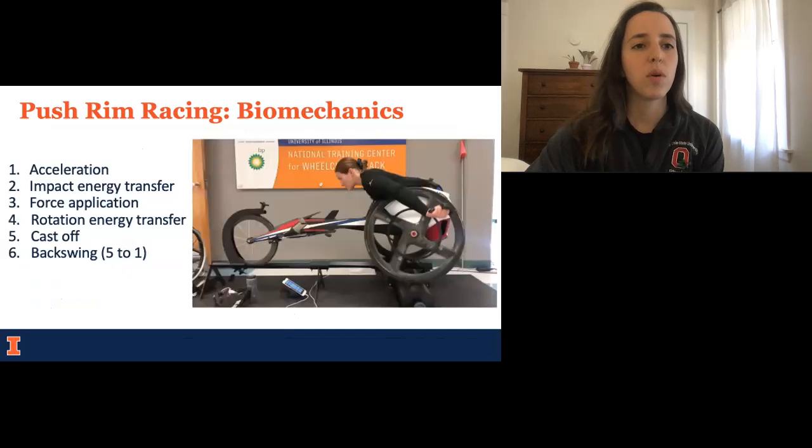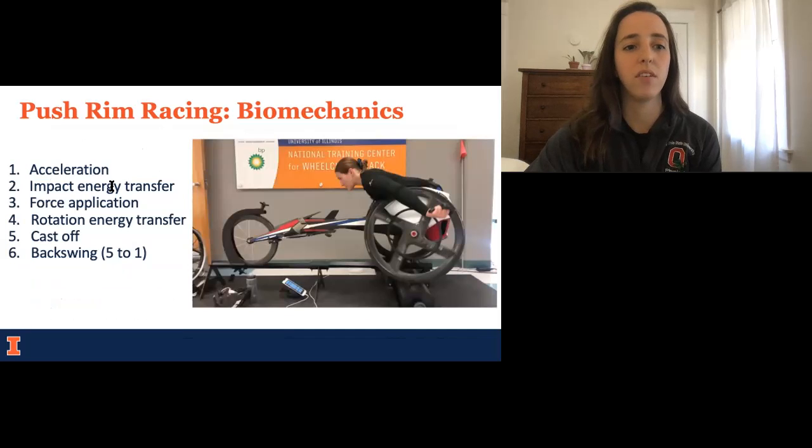The way that this is broken down here into these 6 phases isn't the way that everyone breaks them down. Some of the newer ways are using acceleration here, but instead of impact energy transfer, you'll have a load phase, which includes initial contact and hand loading. Then you'll have a drive phase instead of this force application phase.